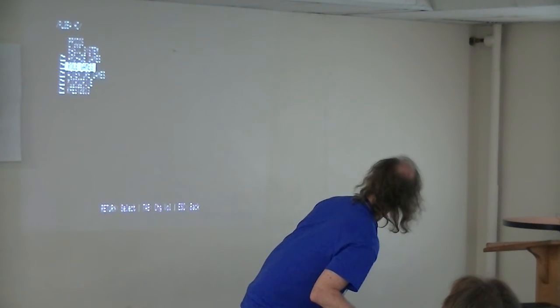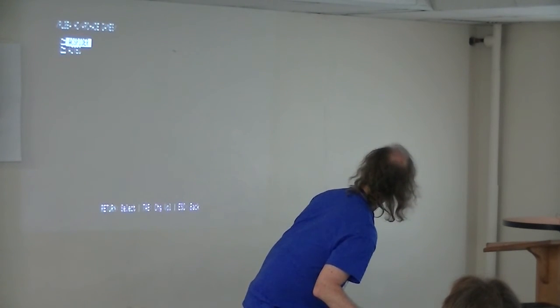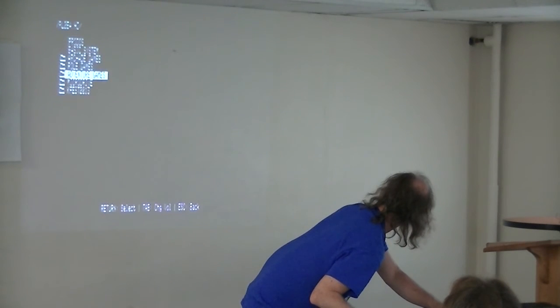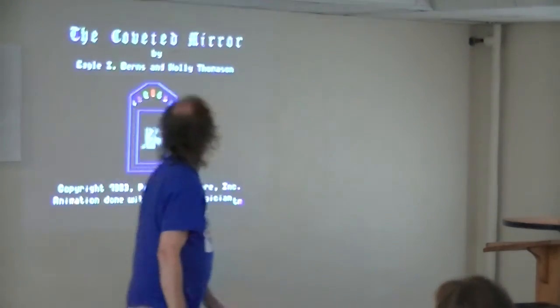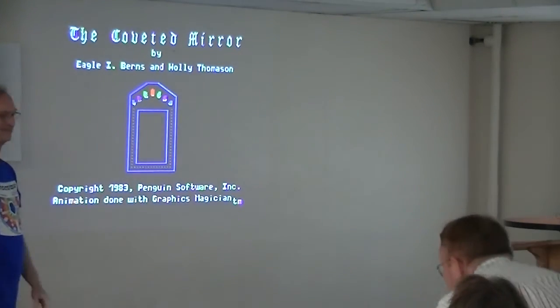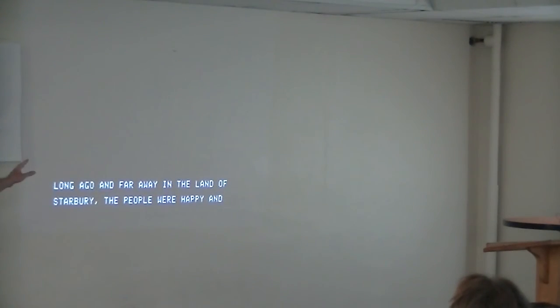Let's see, that was the Coveted Mirror. It's the only one I took. Oh boy, I got apple cider spider. You're going to love that one. Let's see, it was in here. And this is what happens when it fires up. That is beautiful. I love this. This is the DOS 3.3 side.